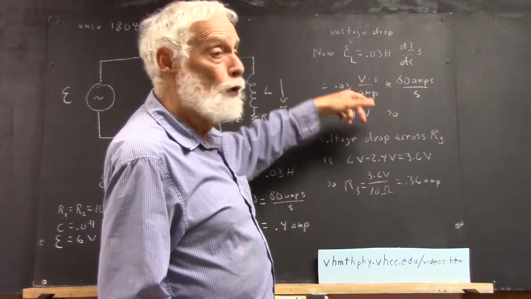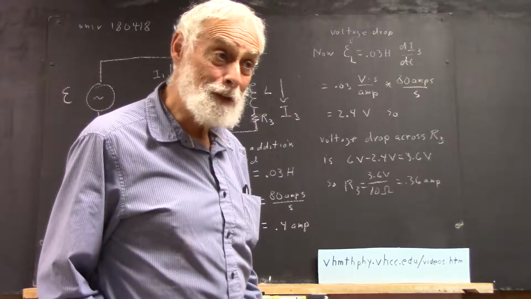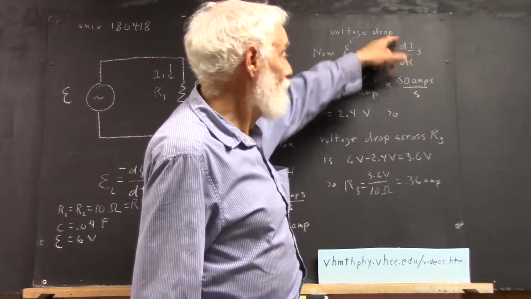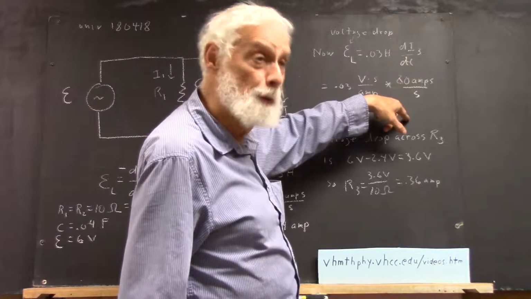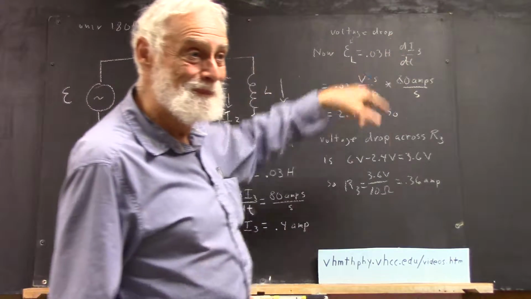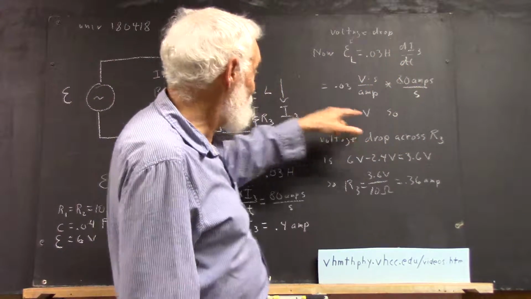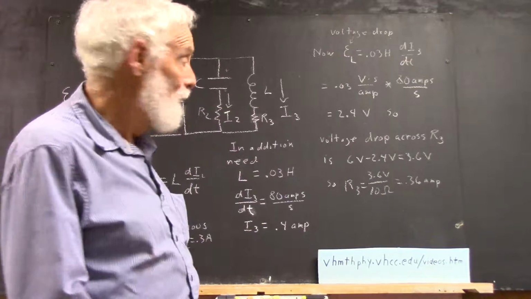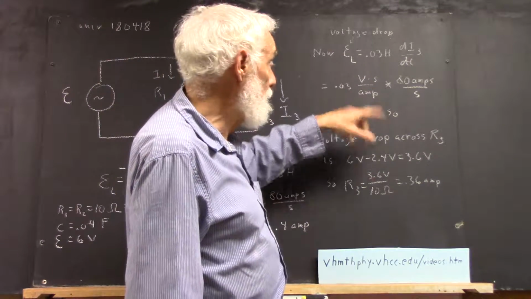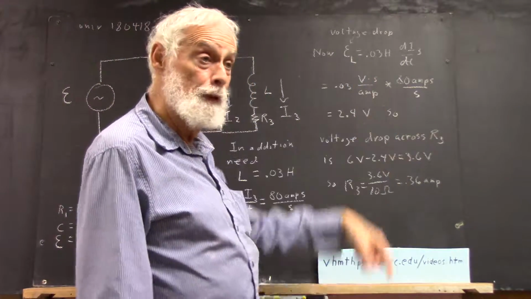Henry is a volt per amp per second, so that when you multiply it by your di3/dt, which is in amps per second, you get volts. It's the unit that we have to multiply by this unit to get this unit, okay? And that, of course, is a volt second per amp. Another way to just say the same thing.